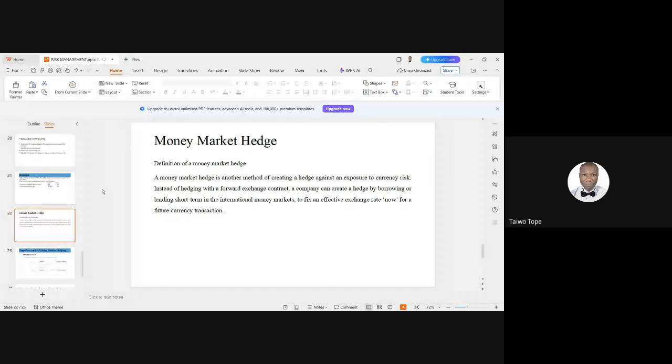It is created by borrowing and or depositing a suitable sum of money now to fix payments and receipts in domestic currency. The money market is a market where participants can lend and borrow money for a short period of time, overnight or up to a year.